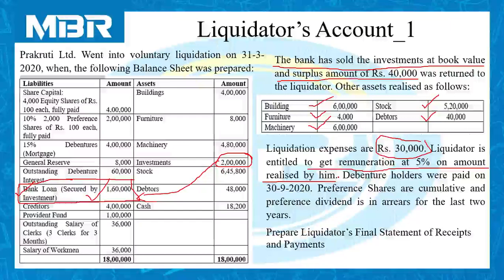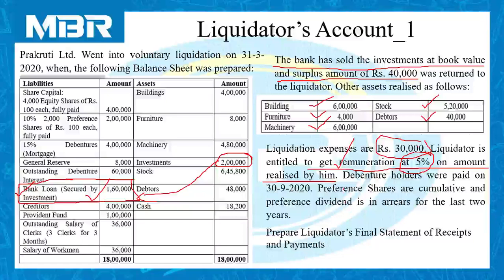It means whatever the amount realized by the liquidator, he is entitled to get 5% on the same as his remuneration. So using this information, we have to calculate liquidator's remuneration.